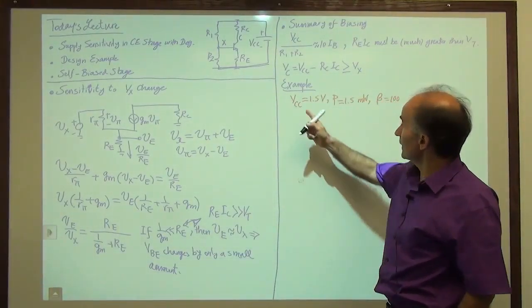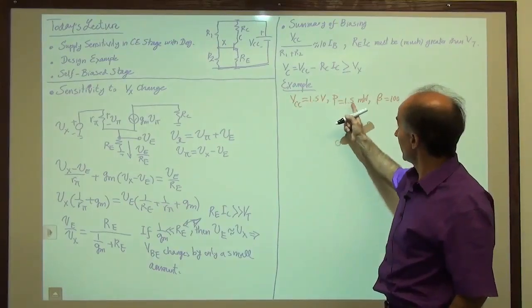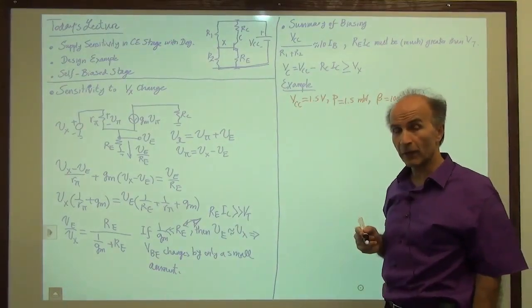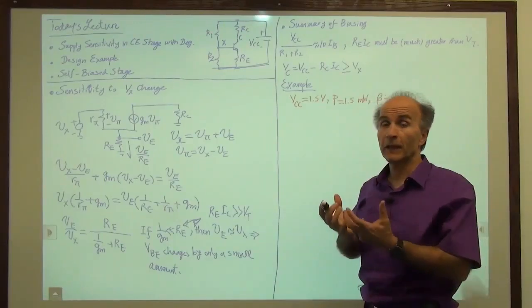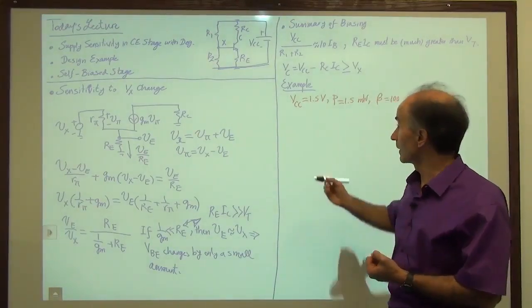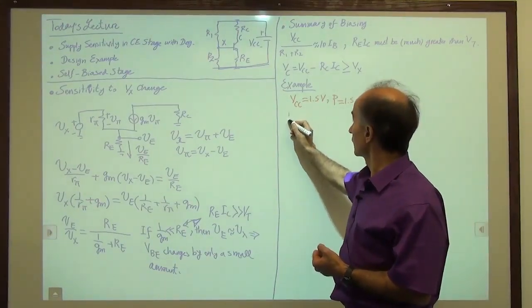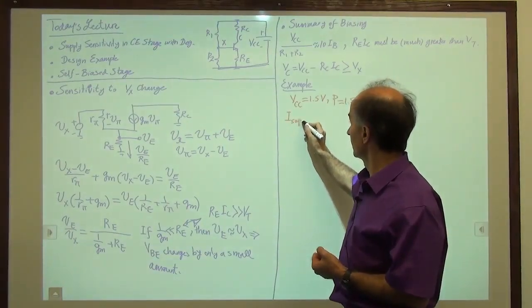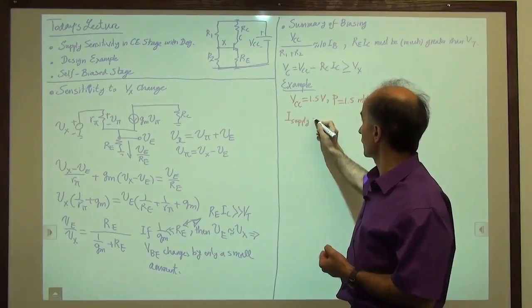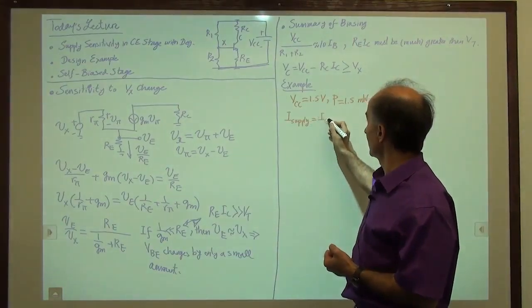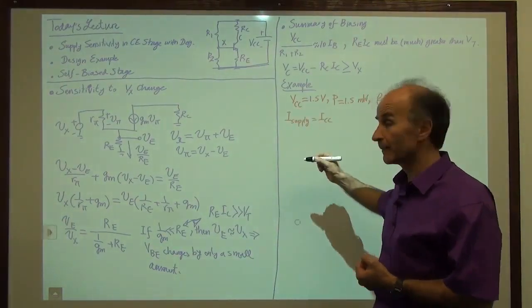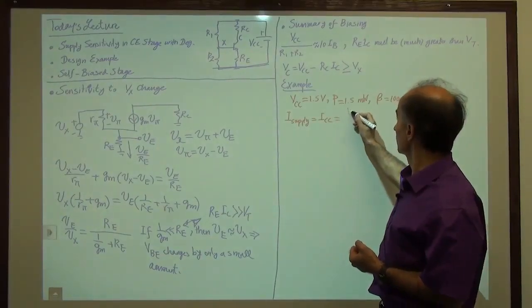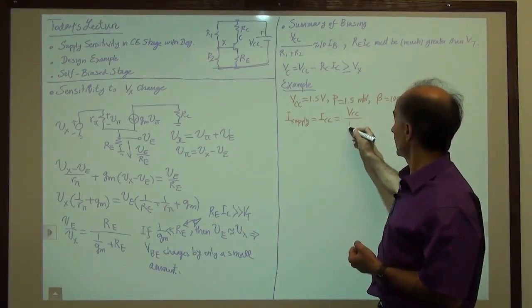All right, from the supply voltage and the power budget, we can find the total current that we can draw from the supply. Because we know that the total current from the supply, we'll write it as I supply, but sometimes we also write it as ICC, just like VCC, and that would be equal to the power budget over VCC.